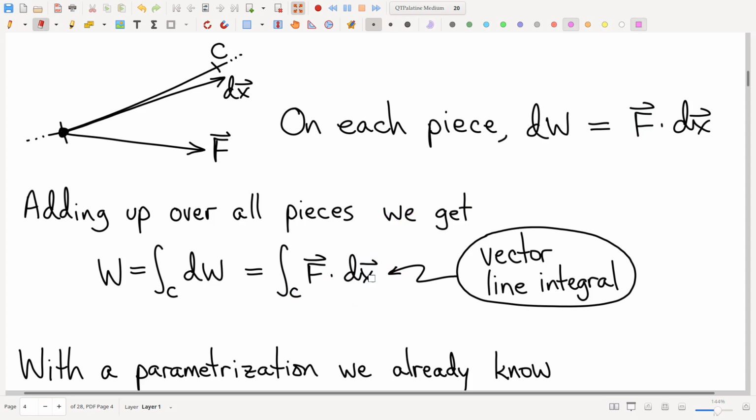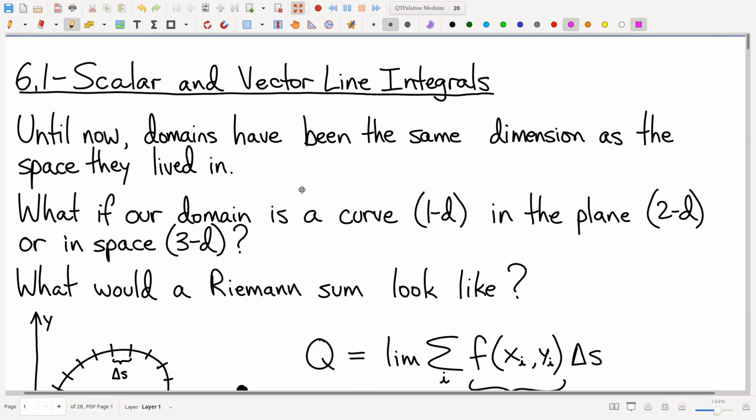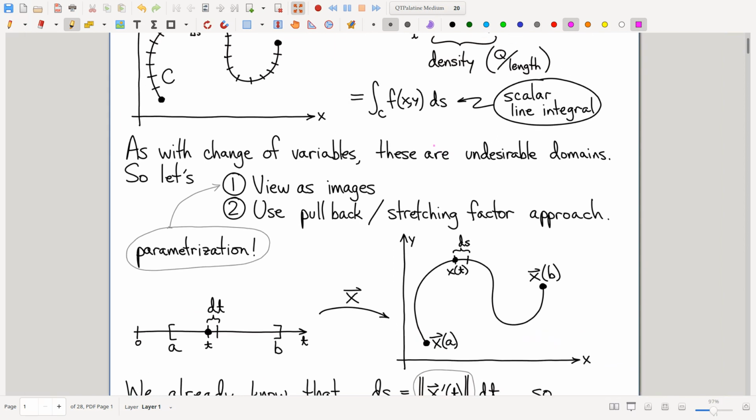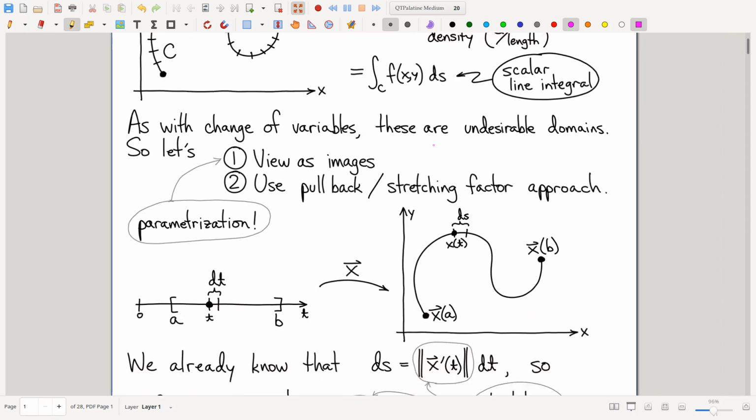Okay, all right. So now how are we going to compute these things? Again, we face a situation like when we were looking at scalar line integrals for the first time, right? We had to figure out how to turn something like that into an integral we could make sense of, and we viewed it as an image. We interpreted the appropriate pullback.